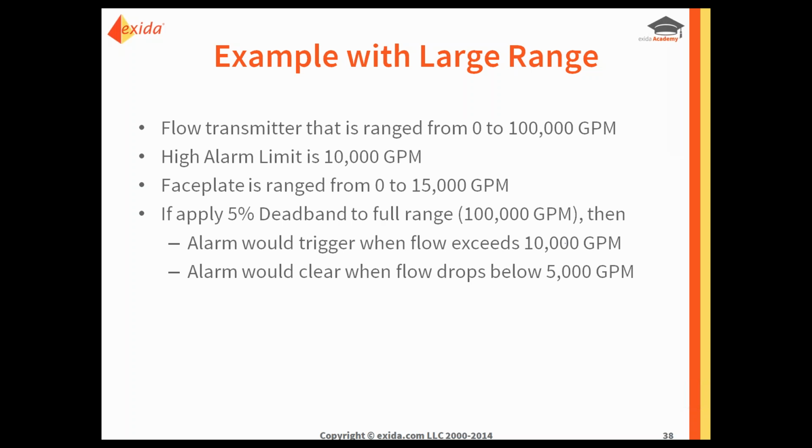So if we apply the 5% deadband against the full instrument range of 100,000, we actually end up with a situation where we're going to create a stale alarm. The alarm would actually trigger when it gets above 10,000, and then would not clear until it drops below 5,000.